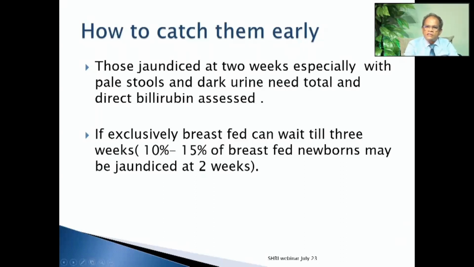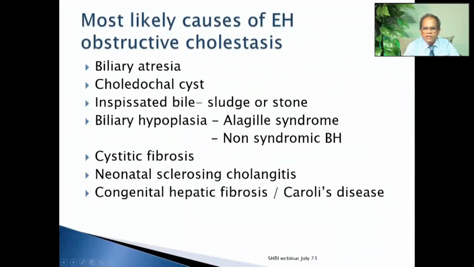So what are these causes of obstructive jaundice or obstructive cholestasis? The commonest cause of surgical jaundice is biliary atresia. Then you have choledochal cyst. Then you have an entity called inspissated bile syndrome, or biliary sludge, or stones blocking the common bile duct. Then you have biliary hyperplasia.